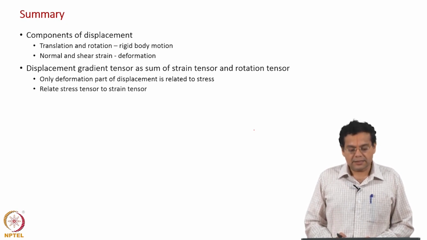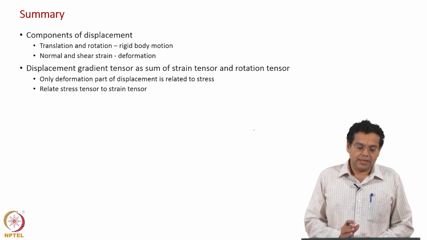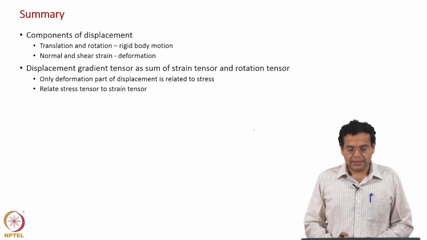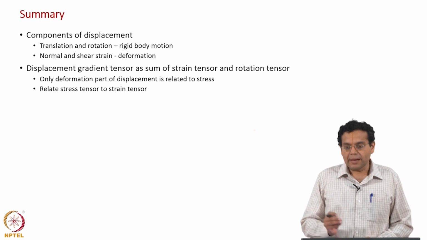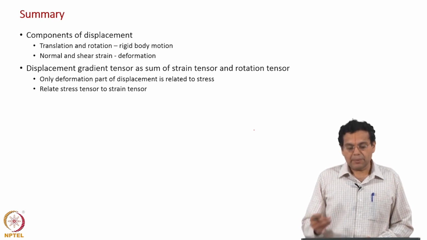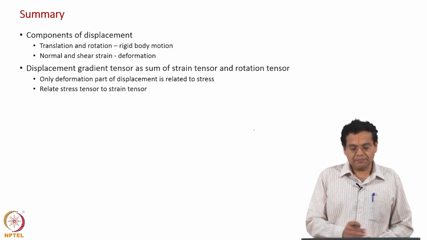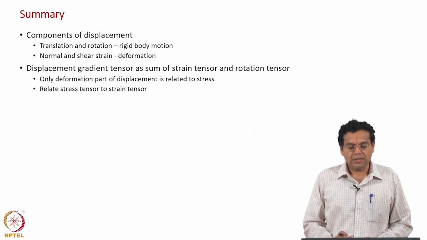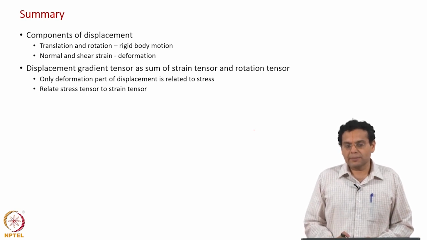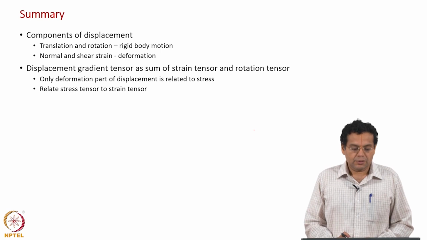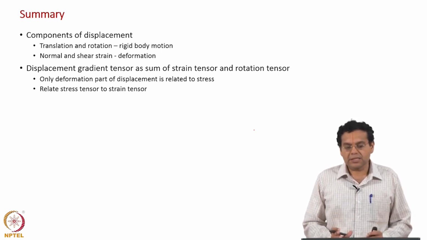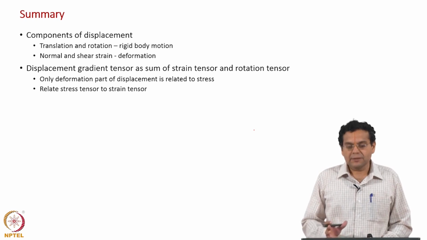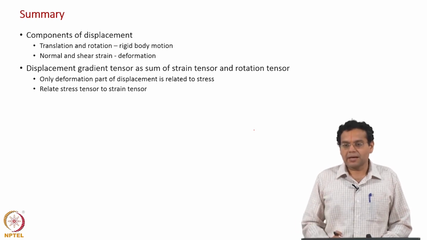Relating the stress tensor to the strain tensor we will take a little later, meaning we are going back to fluid mechanics, and when we come back to solid mechanics for the third time we will do this. But now we are going back to fluid mechanics in the next lecture to discuss velocity gradients. All the concepts discussed for solid mechanics can be applied analogously to fluid mechanics. Of course, there are small concepts that we will discuss.